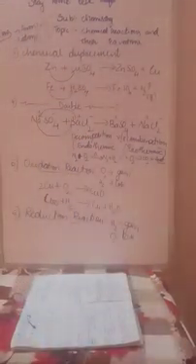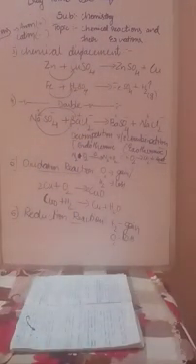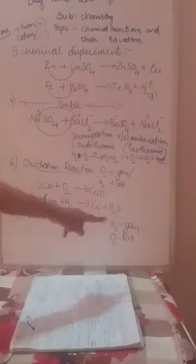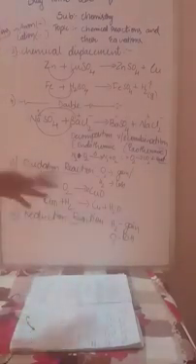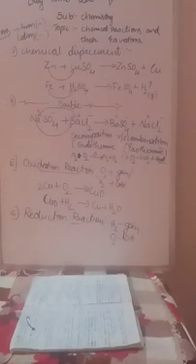The reaction in which gain of hydrogen and loss of oxygen takes place is called the reduction reaction. Or we can say loss of oxygen and gain of hydrogen is called the reduction reaction.